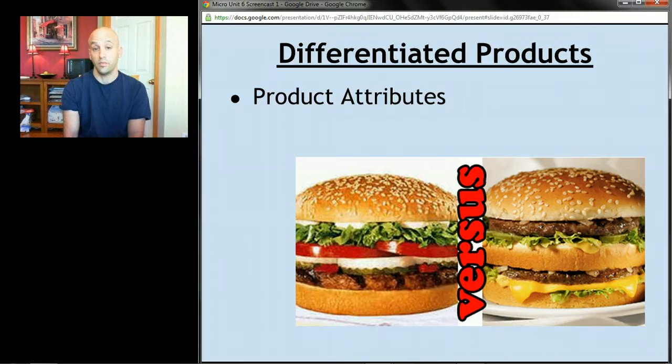Theoretically, they both contain beef, although that's debatable. But they're different, right? The Big Mac has 2 all-beef patties, special sauce, lettuce, cheese, pickles, onions on a sesame seed bun. And the Whopper has, well, just a lot of stuff. So that's one way you can differentiate your product.